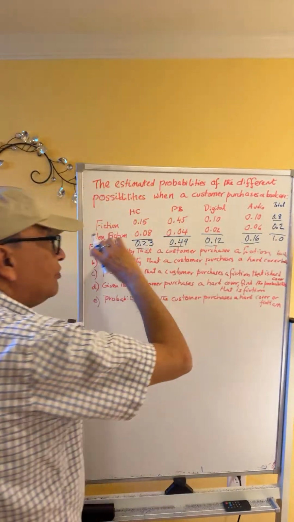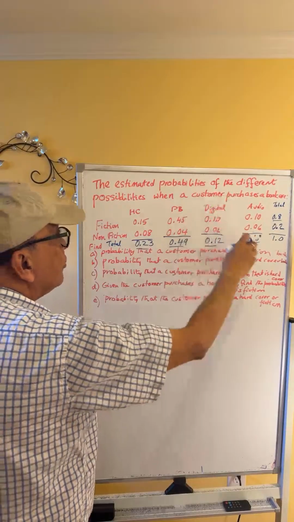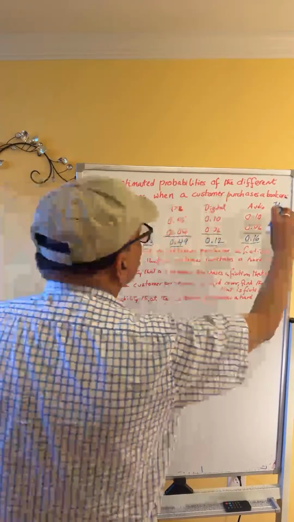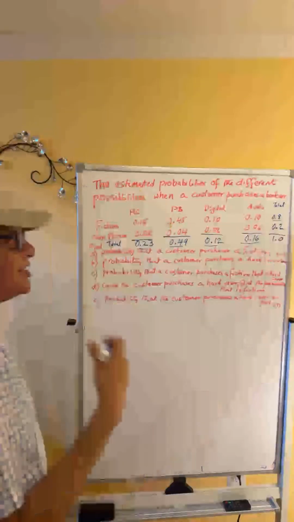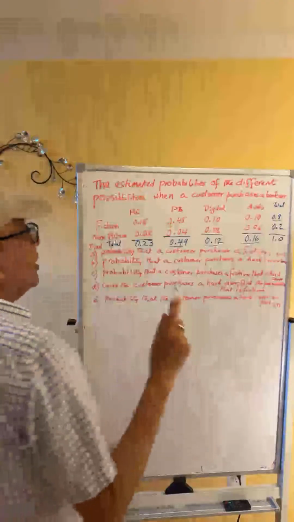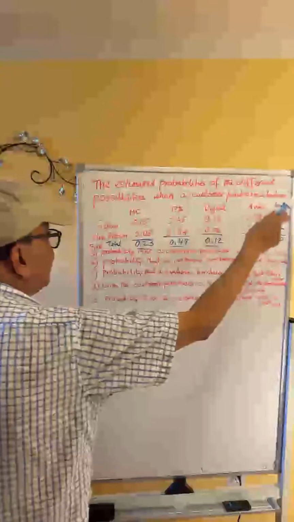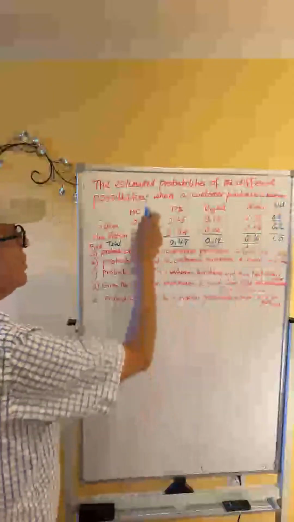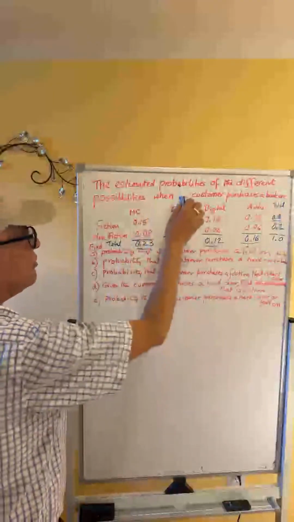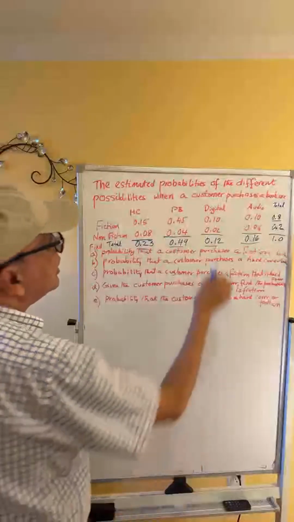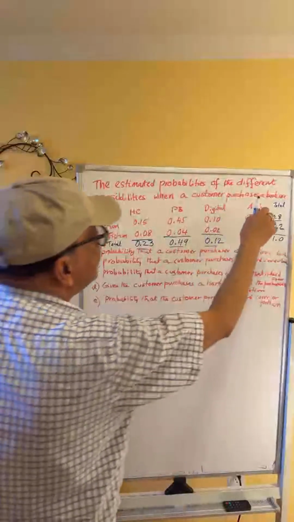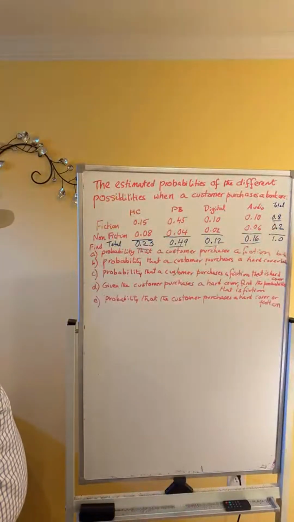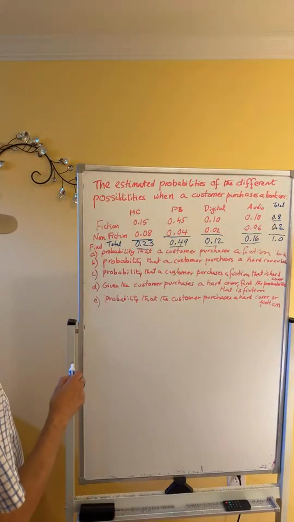So either way, whether I add the total of the four columns or the total of the two rows, I get 1, which is 100%, broken up as 80% fiction, 20% non-fiction, 23% hardcover, 49% paperback, 12% digital, and 16% audio. So let's answer the questions.